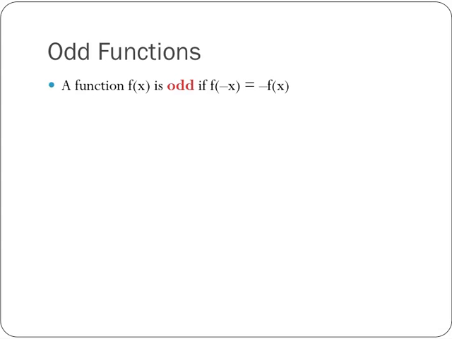Another way to put this is if you have a point x comma y on the graph, then negative x, negative y will also be on the graph. Now what this means in terms of symmetry, if you have x, y on the graph and you also have negative x, negative y on the graph, this means that the function has symmetry with respect to the origin.